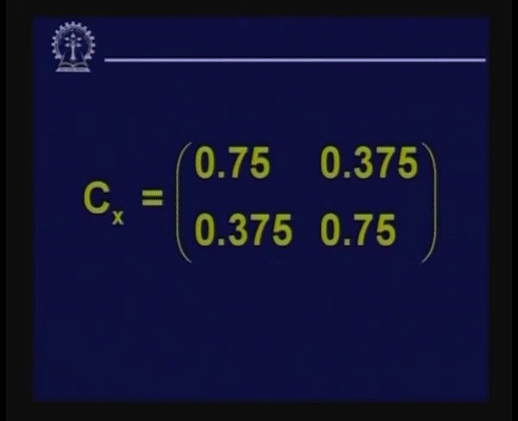So, this is the covariance matrix of the population of vectors X.